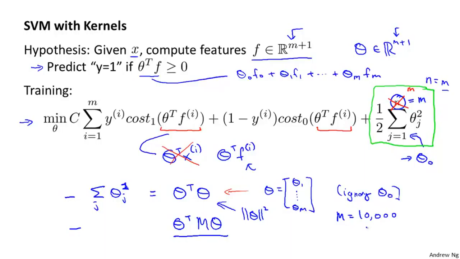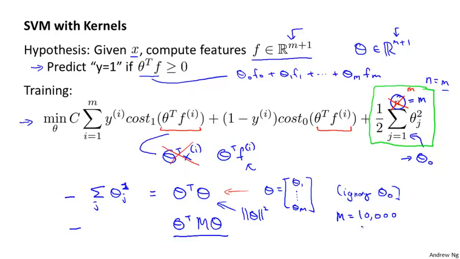Maybe that'll work, but when n becomes really big, say 50,000 or 100,000, then solving for all of these parameters can become expensive for the support vector machine optimization software. That's solving the minimization problem that I drew here.